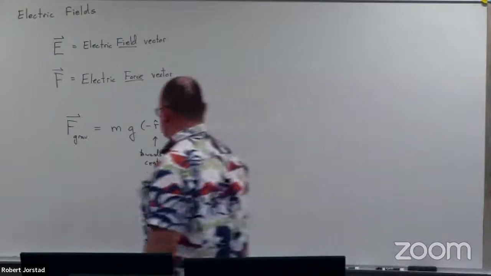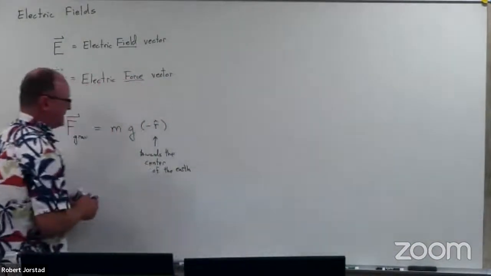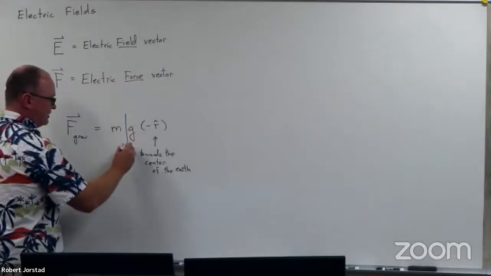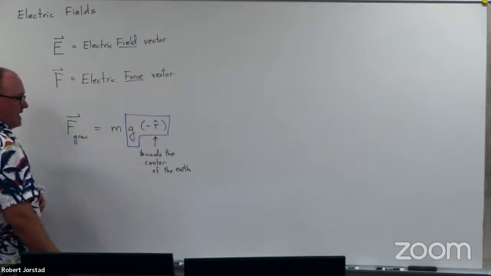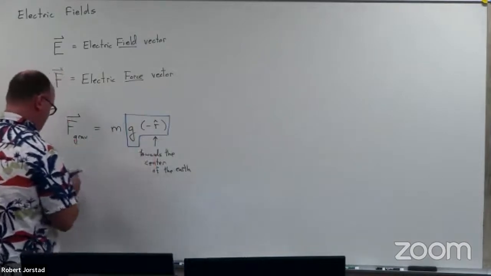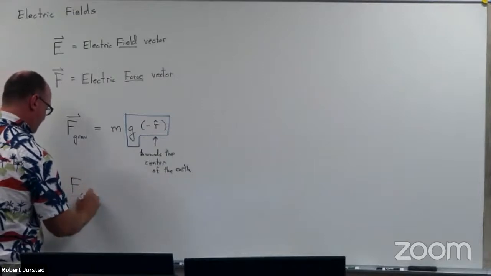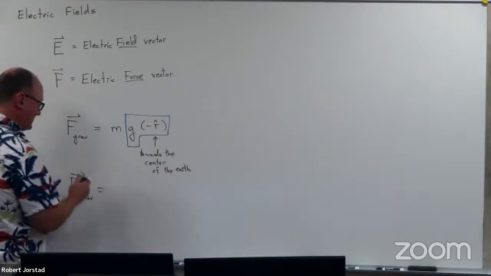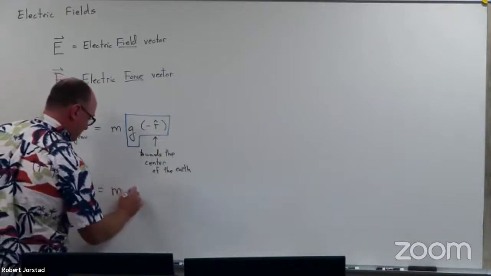Now, in this case, we could group these two items together, the g and the direction, and we could rewrite this force in this way. Force due to gravity is equal to mass times g, vector.